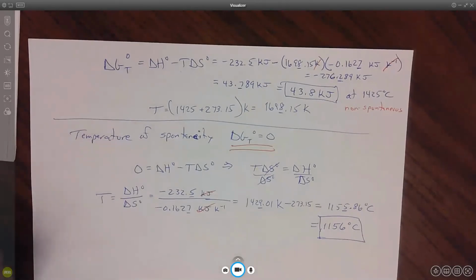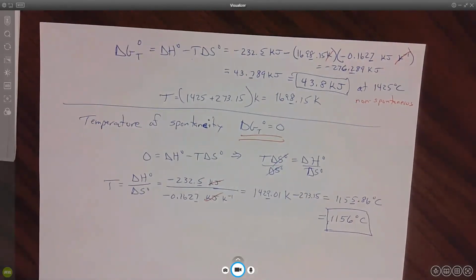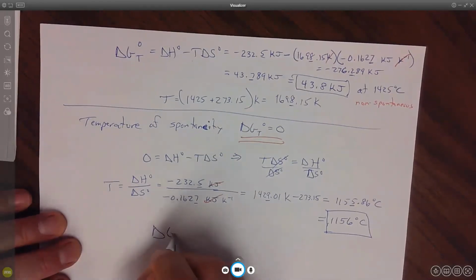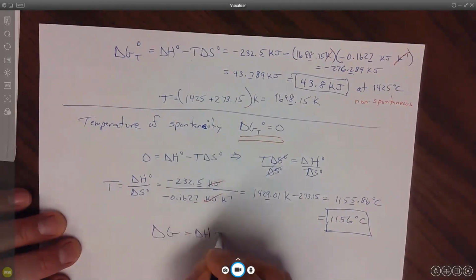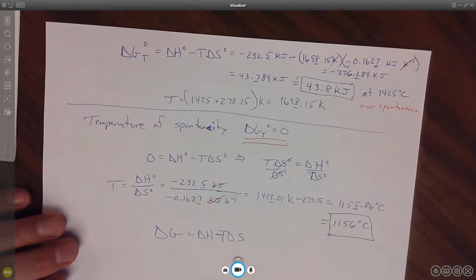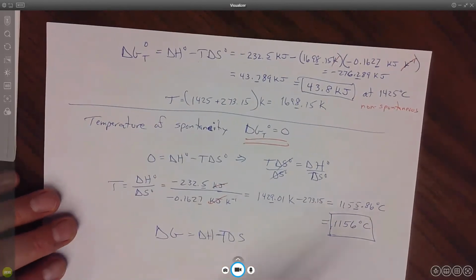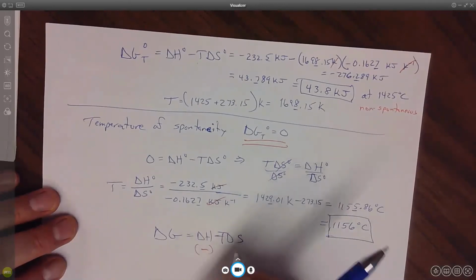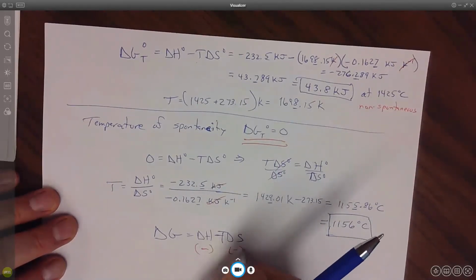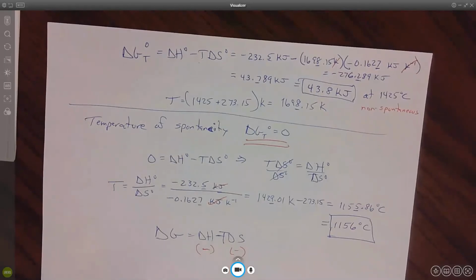Is this the maximum or minimum temperature of spontaneity? So again, think about this. We know that del H is negative, and we know that del S is negative. When is this reaction spontaneous, at high or low temperature?